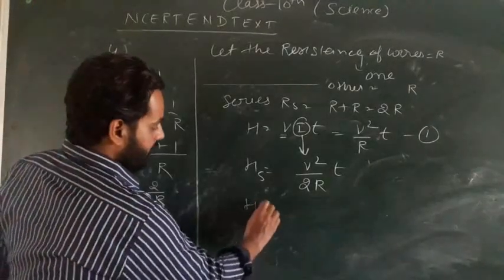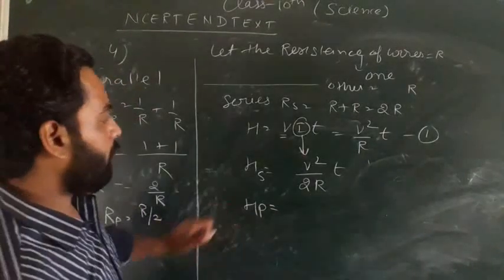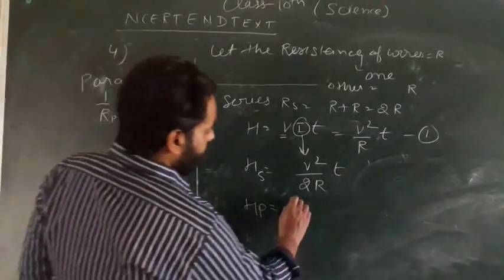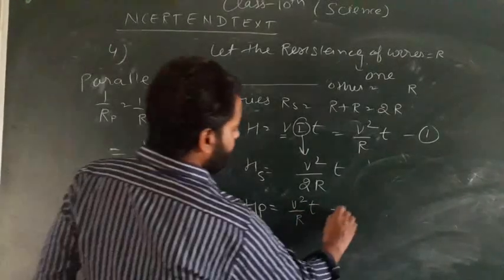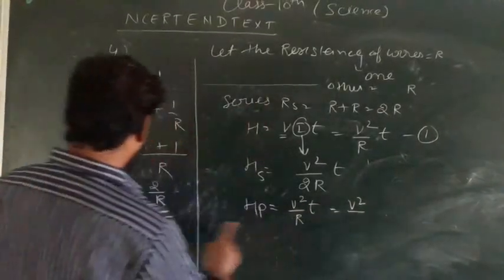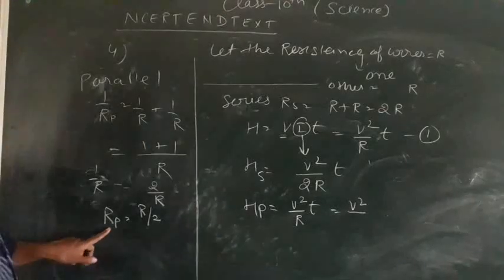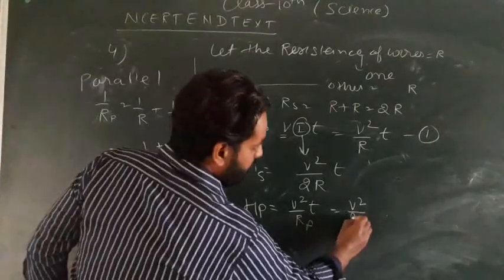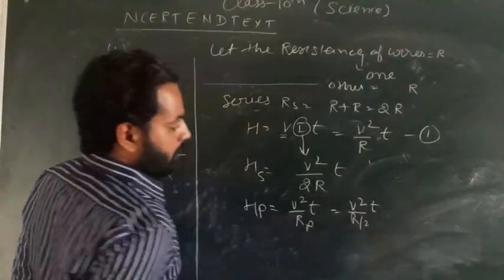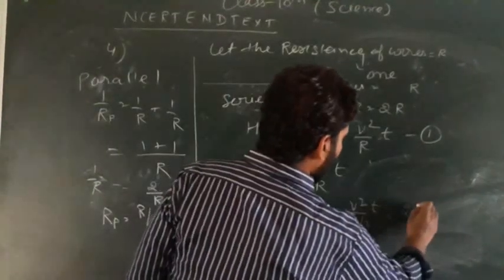Now HP means heat produced in the parallel combination. Again we write V square by R into T. The V value is the same, and R for the parallel combination is R by 2. So it becomes 2 V square T by R.